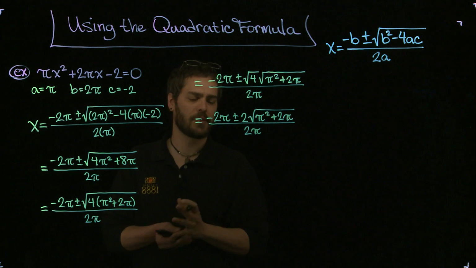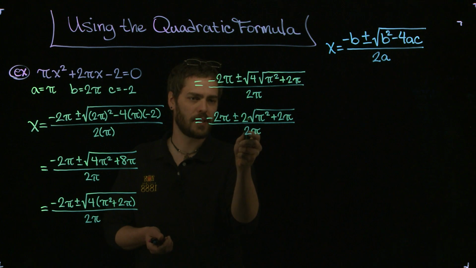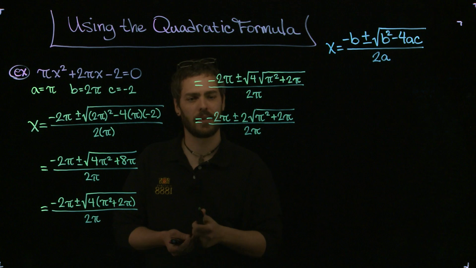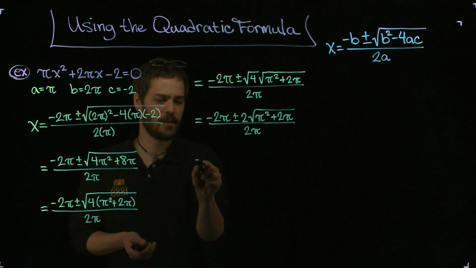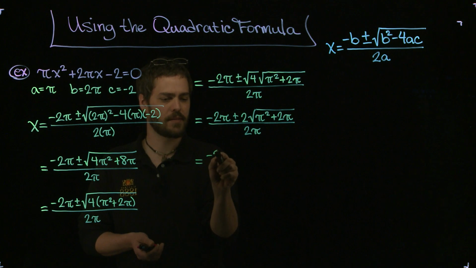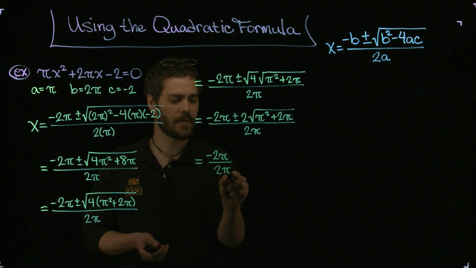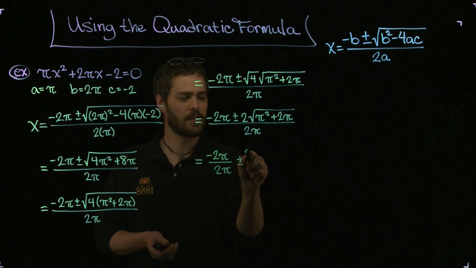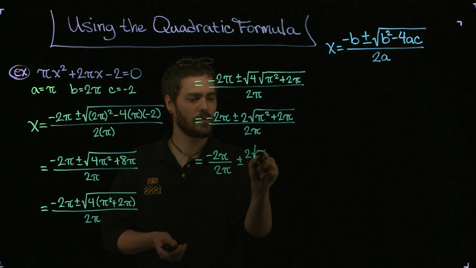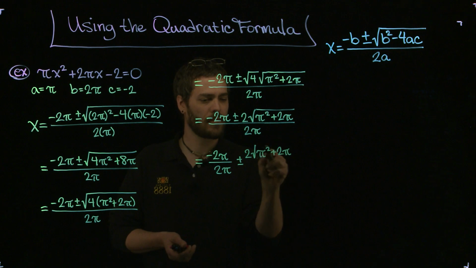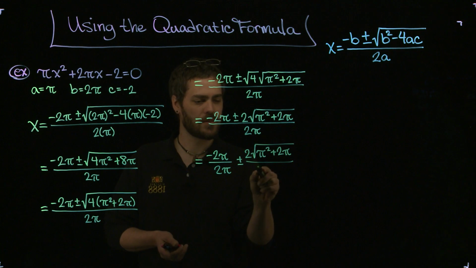And I noticed that there is a factor of 2 in both terms in the numerator that can be reduced by the denominator. So let me go ahead and separate this into 2 terms. So it's going to be -2 pi over 2 pi plus or minus 2 root pi squared plus 2 pi, all over 2 pi.